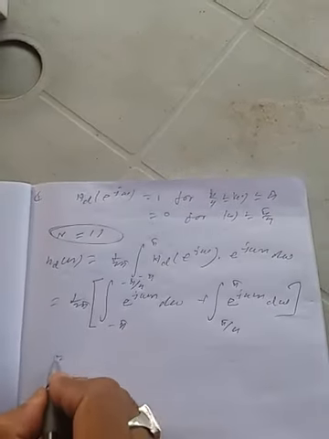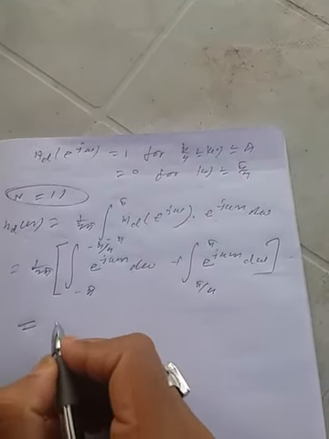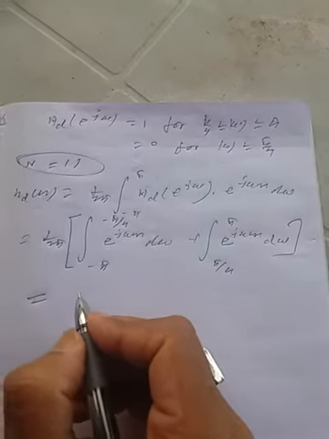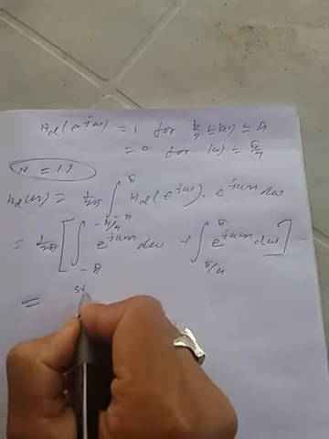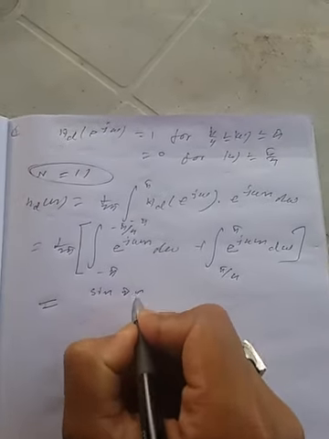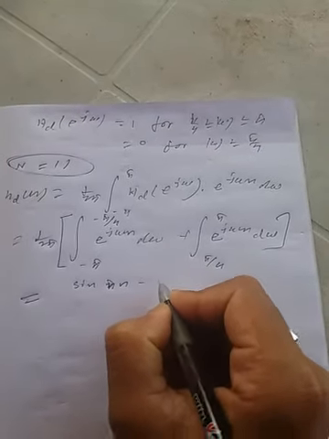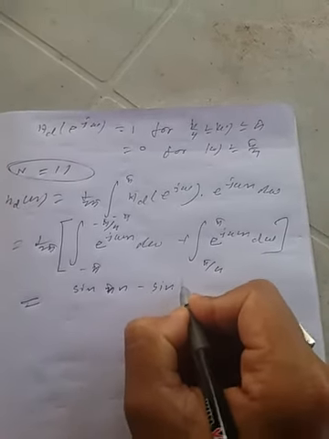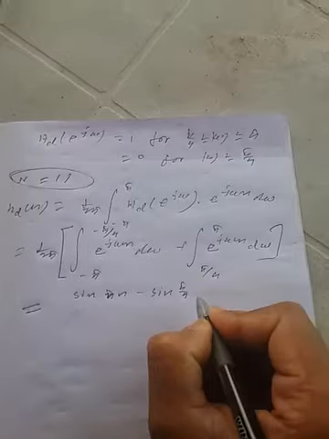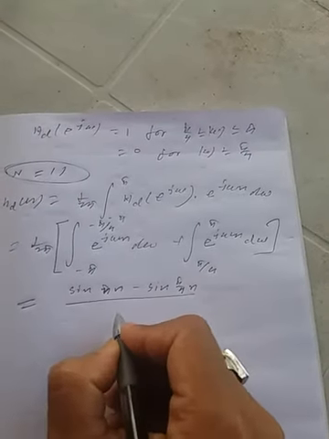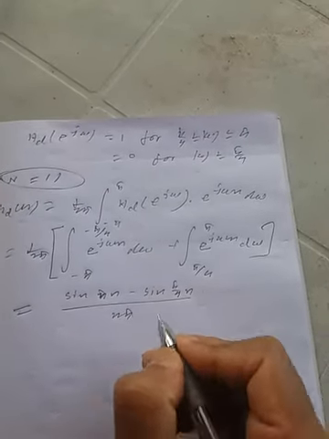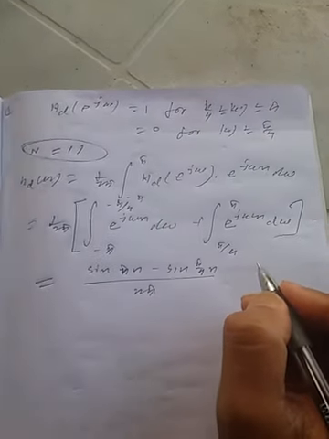If you simplify this, you will get the final value, that is (sin πn − sin (π/4)n) divided by nπ. Okay, so this is the value.